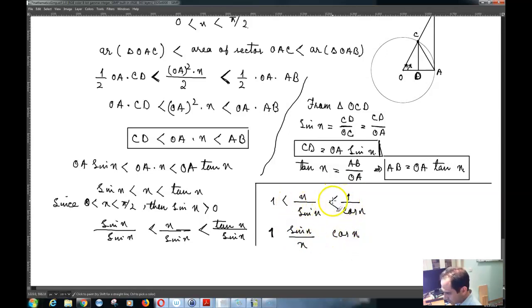Now since you've taken the reciprocal, less than becomes greater than, and again less than becomes greater than.